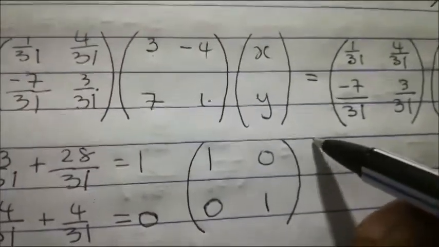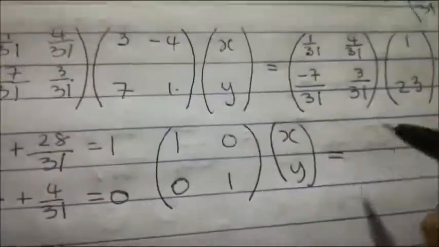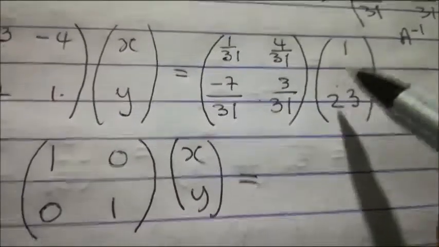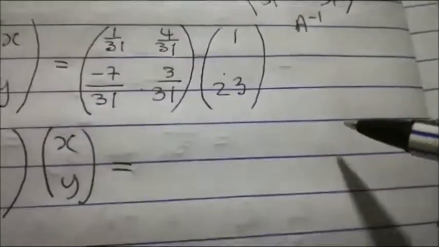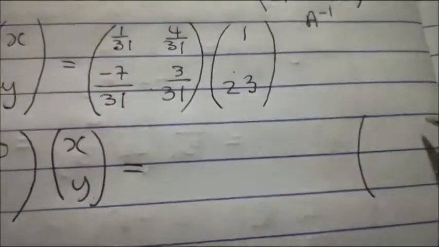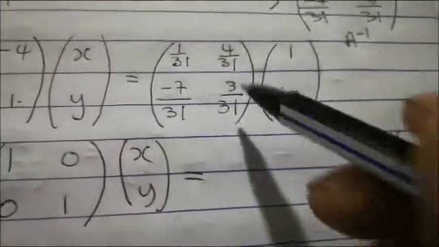We'll still bring down our xy, and that's going to be equal to this times this. Now let's work this out now. That's going to give us a final matrix value over here. So we're working out this now.